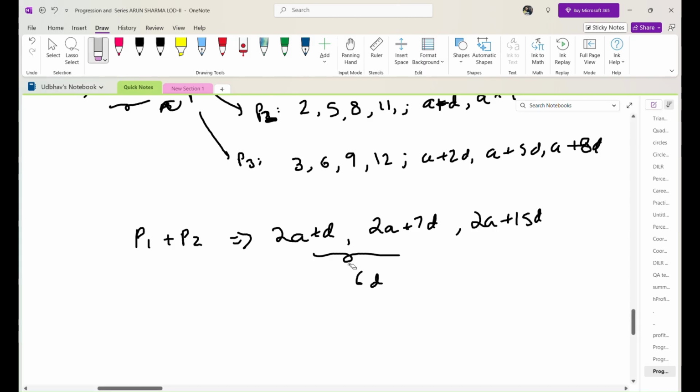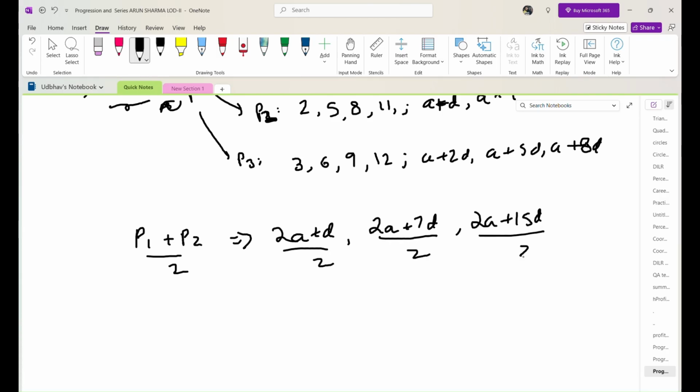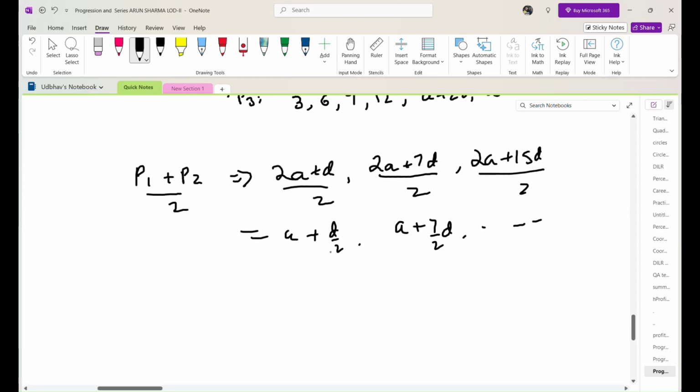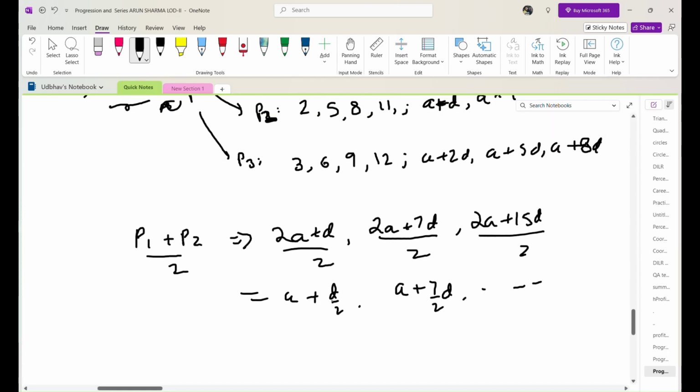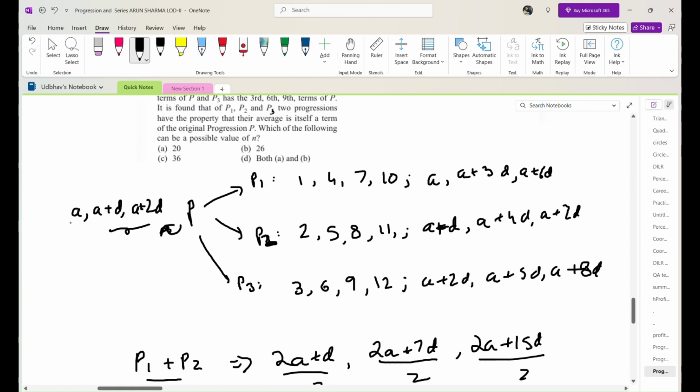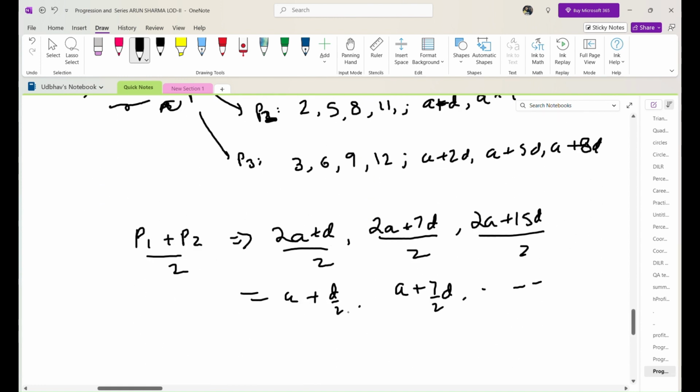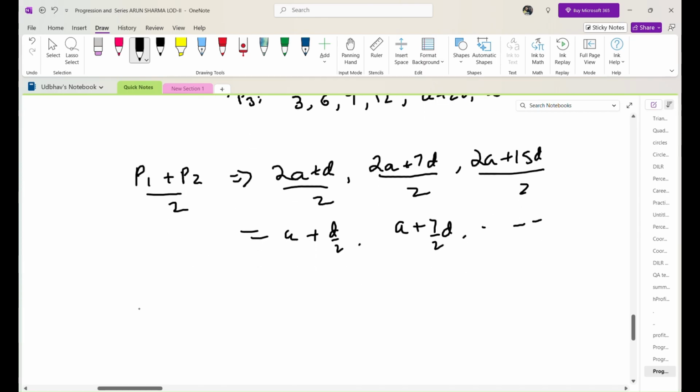We want the average though, so we have to divide it by 2 also. So this will be A plus D by 2, A plus 7D by 2, and so on. So this is not a part of the original series, because we are getting D by 2. We are getting fractions.